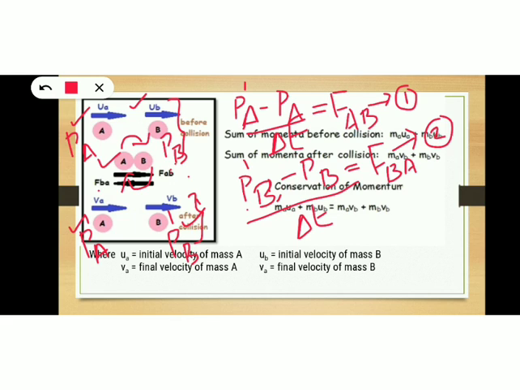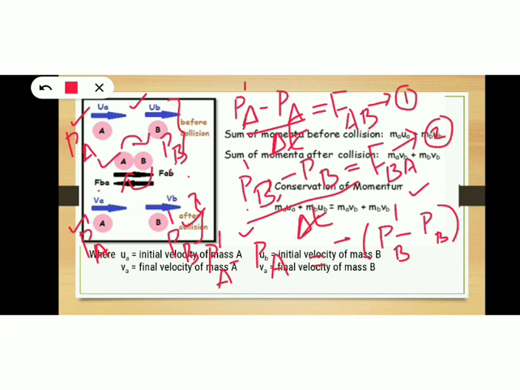When you equate both the expressions 1 and 2, you will get P dash A minus PA equal to minus of P dash B minus PB. Delta T and delta T will cancel, they are like terms.